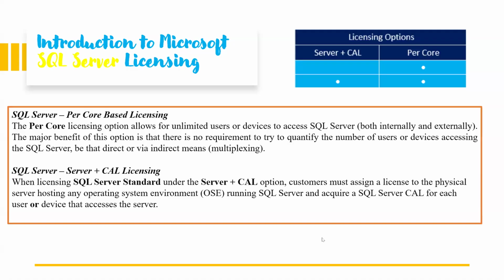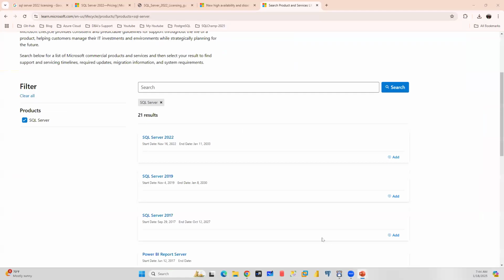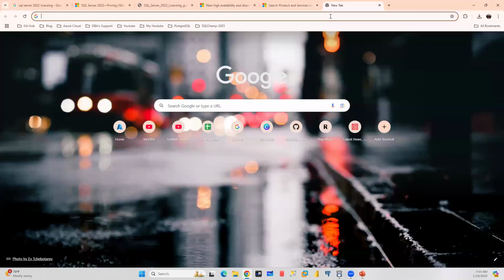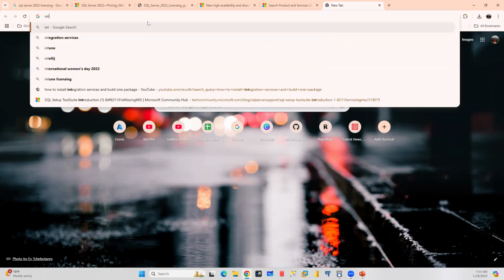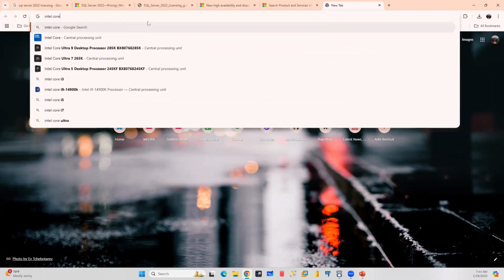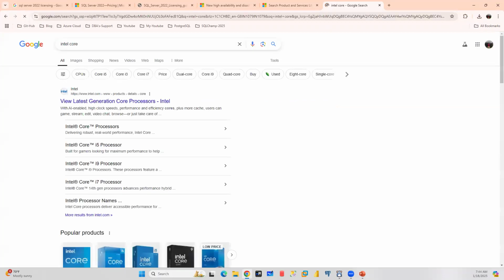For example, you are going to purchase a desktop or a laptop. One of the major things is the processor, which is nothing but cores. Processors we technically call cores.